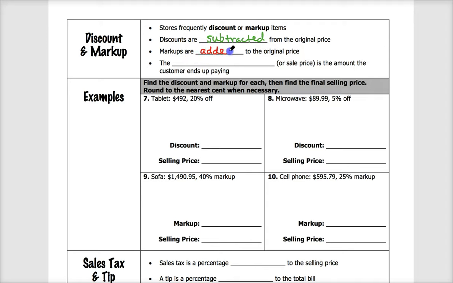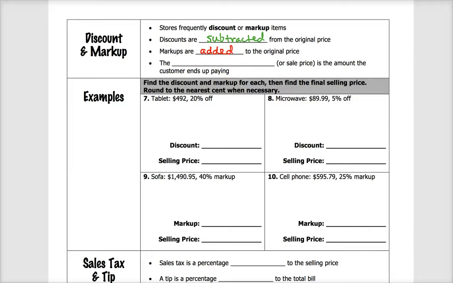So if you are paying a markup, you're paying more than what the original price is. Typically, businesses will advertise discounts as sales in sales flyers or online, but they are rarely ever going to advertise a markup because they don't want you to know that you're paying more money than what the original price is.